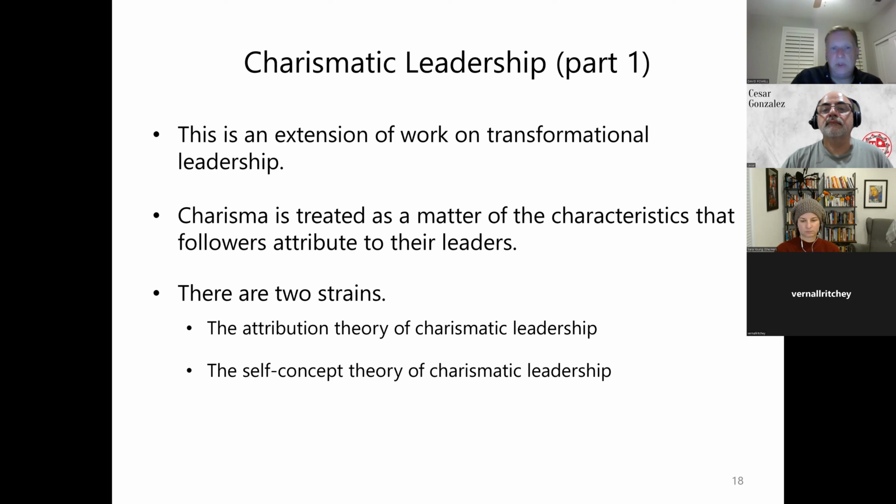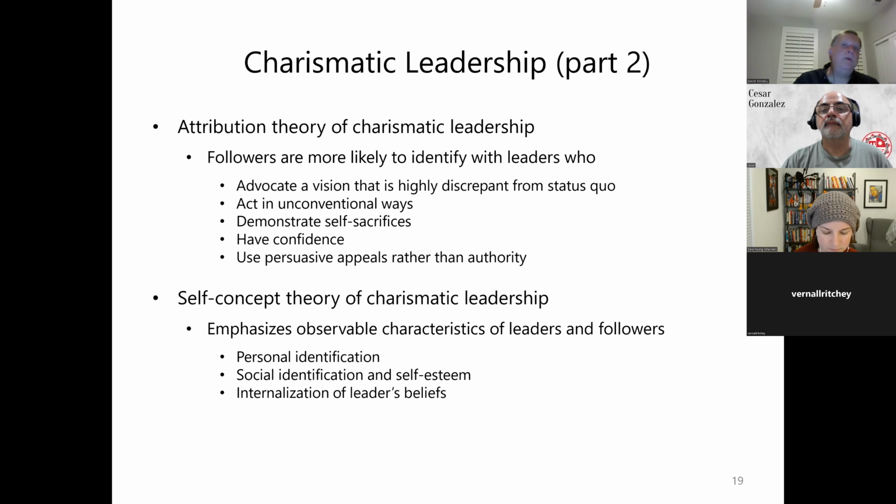So in charismatic leadership, there are two different strains of charismatic leadership theory: the attribution strain and the self-concept strain. In the attribution approach to charismatic leadership, followers identify with leaders because of what they stand for, and they like what they see in those leaders.